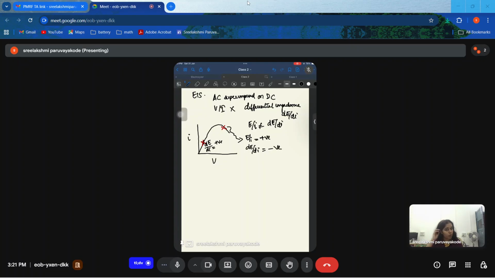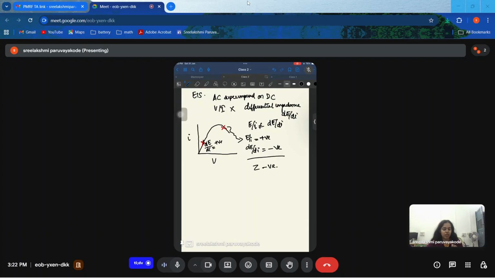The point of explaining this is that there are times when we do impedance and we actually get the impedance to be negative. A question may arise: how can the impedance be negative? We already know we have applied some DC bias which is positive. If it is in terms of E by I, and I have applied a positive potential and the impedance is negative, it gives a feeling that the current is negative.